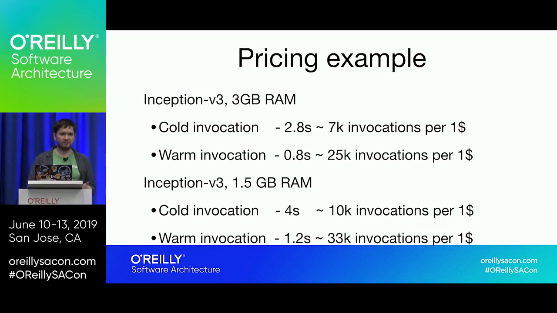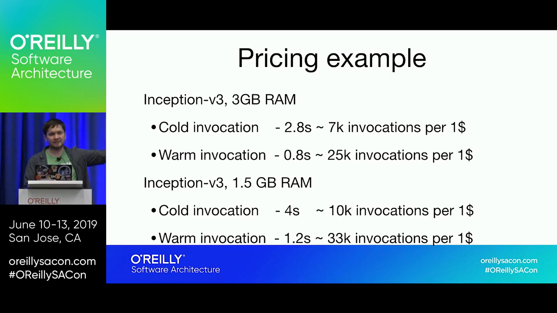And a specific pricing example: Inception V3 model, image classification. It's AWS Lambda with two alternatives: 3 GB RAM, so maximum RAM and maximum CPU, and 1.5 GB RAM. Here you can see how different the price is depending on whether it's a warm or cold invocation. The difference is pretty significant.